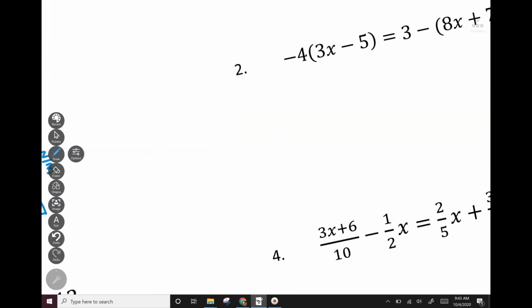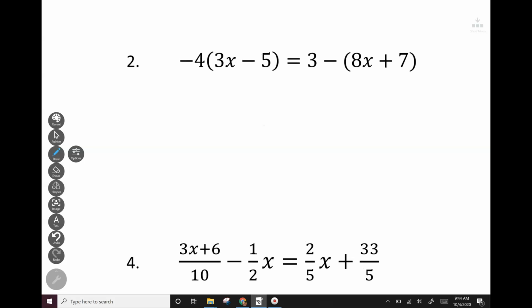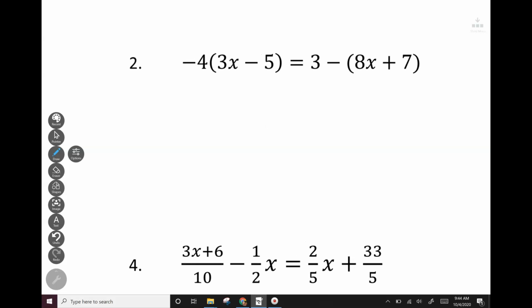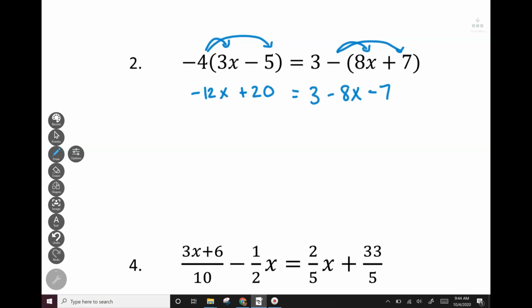Okay, number 2. Anytime you've got parentheses, you would want to distribute first. Distribute the negative here. So negative 12x plus 20 equals 3 minus 8x minus 7. Then I'm going to move everything that has an x to one side and everything that does not have an x to the other side.